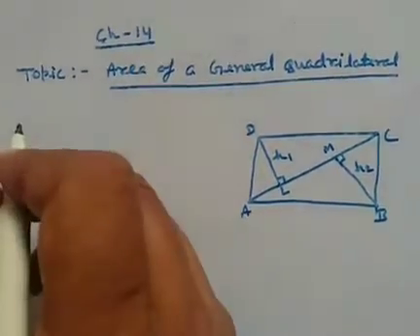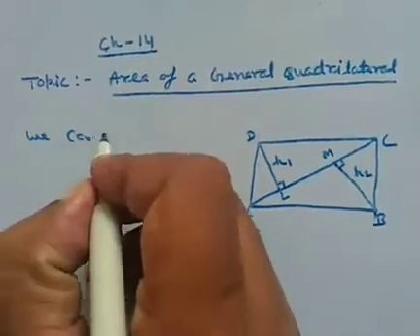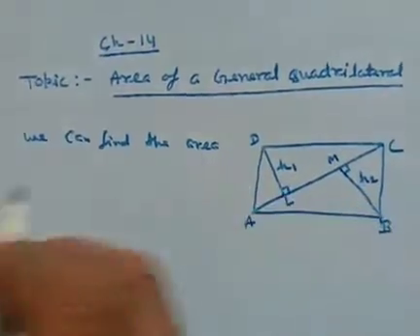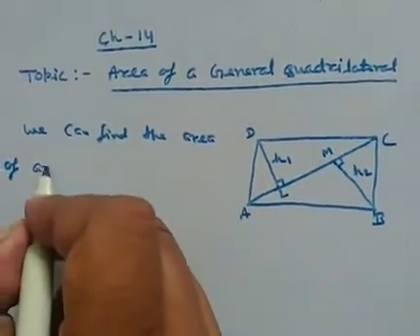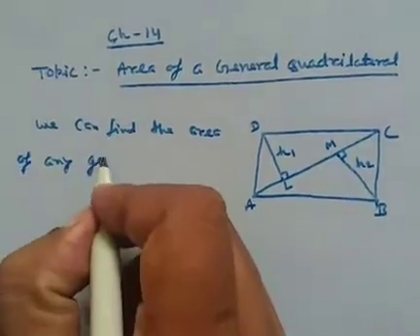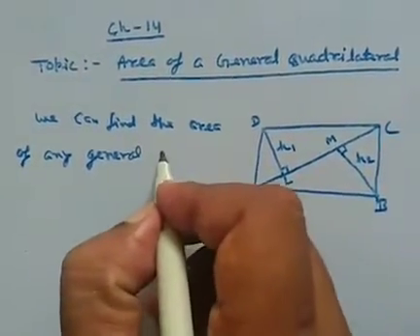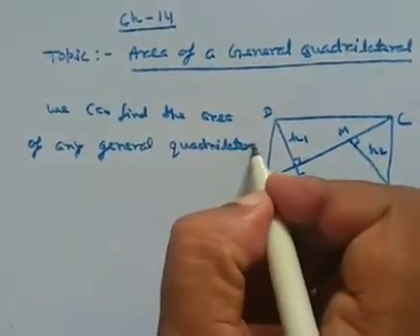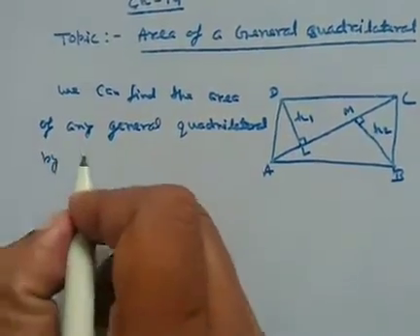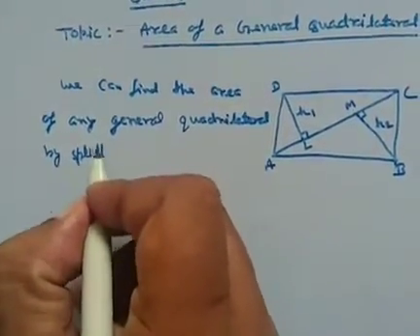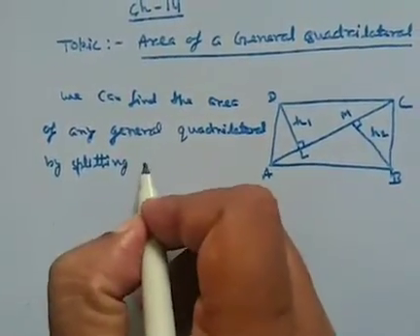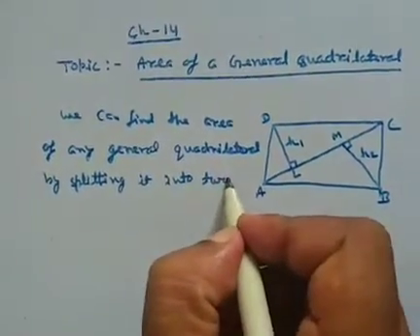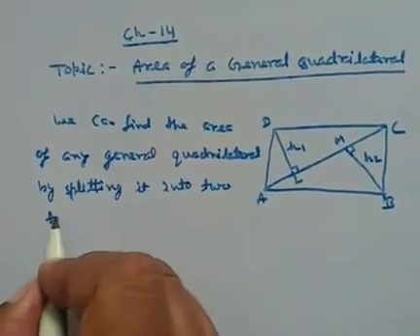We can find the area of any general quadrilateral by splitting it into two triangles.